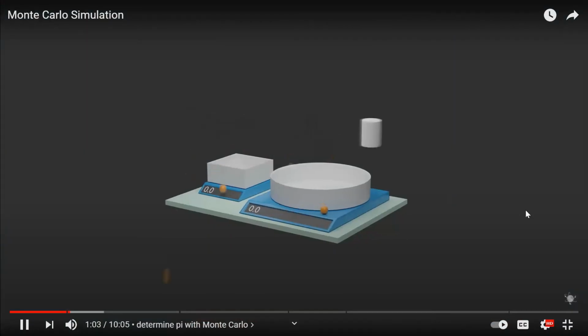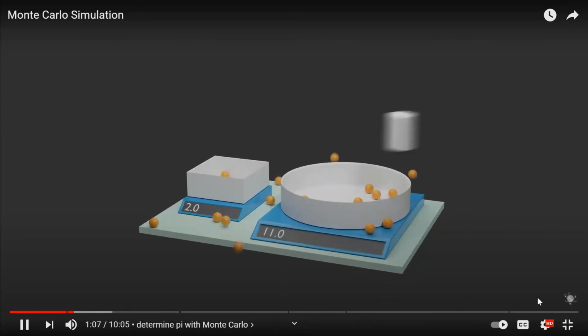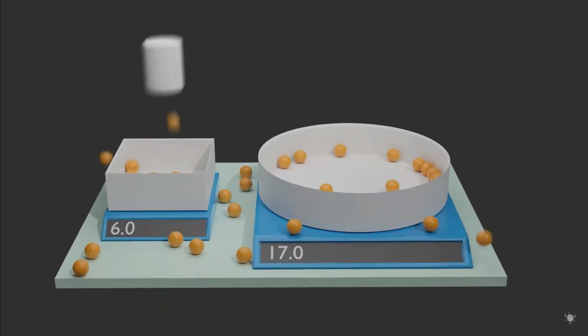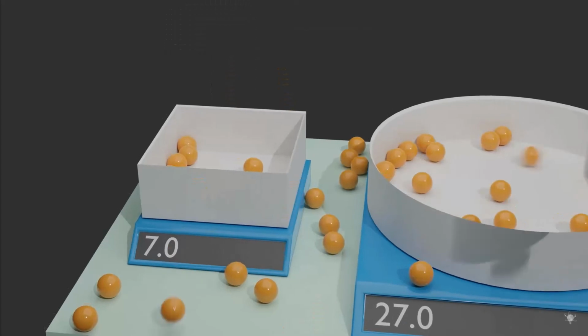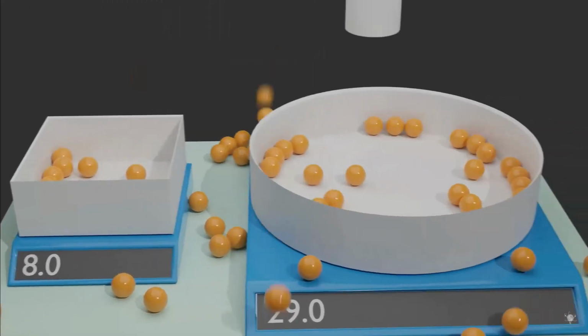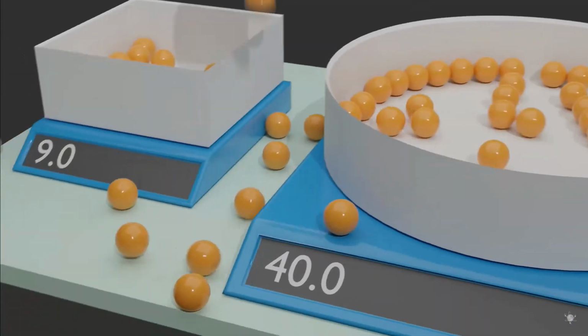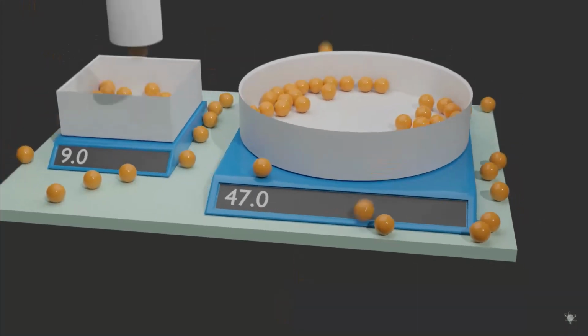In the simulation we have a sort of marble dropping device that moves around randomly above this rectangular table and drops marbles. And on the table there are two bowls, one with a square cross-section and one with a circular cross-section. Each of these bowls is placed on some sort of scale, which displays how many marbles are in each bowl at this time.